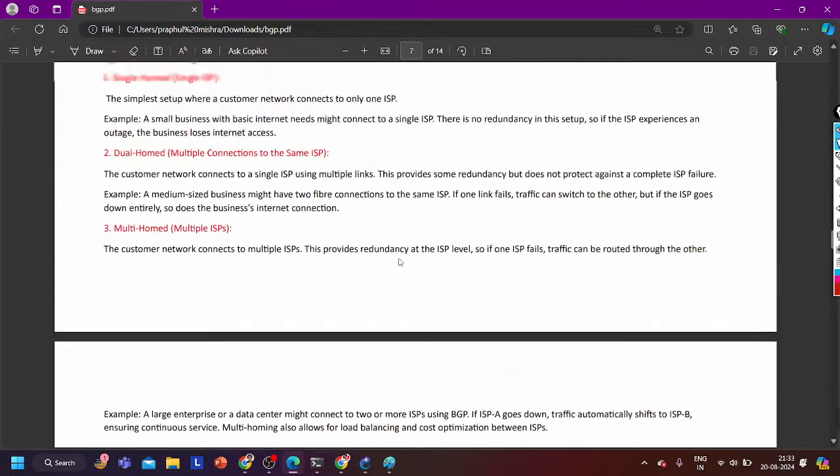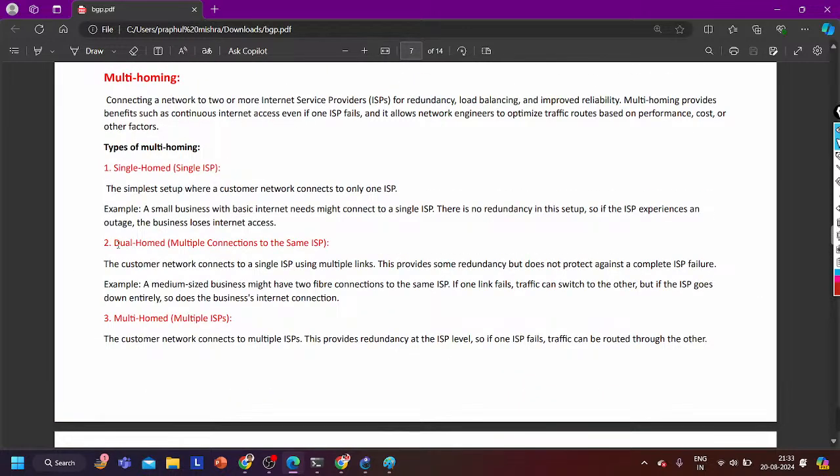Even in dual home, you cannot configure BGP. You can configure the default route, 2 default routes. Most of the time, guys, we are configuring default route in dual home as well, because to run BGP, you need a high configuration router. You need good memory, CPU, so your device is going to be costly.